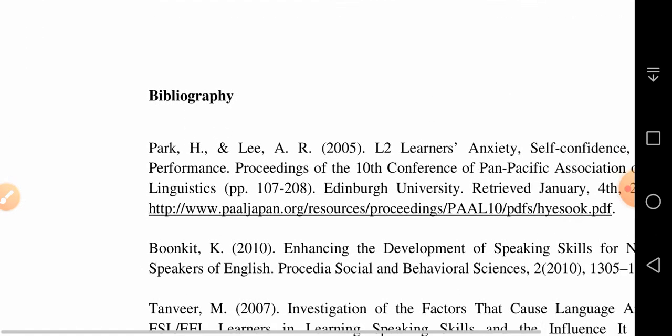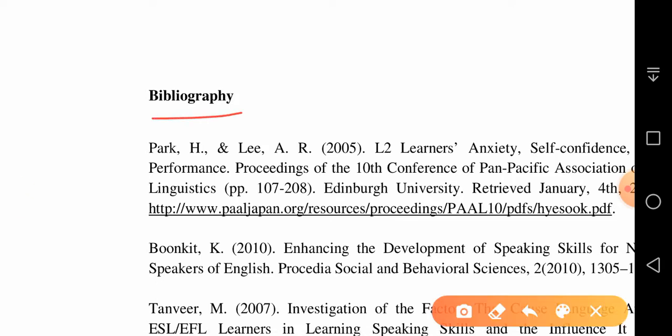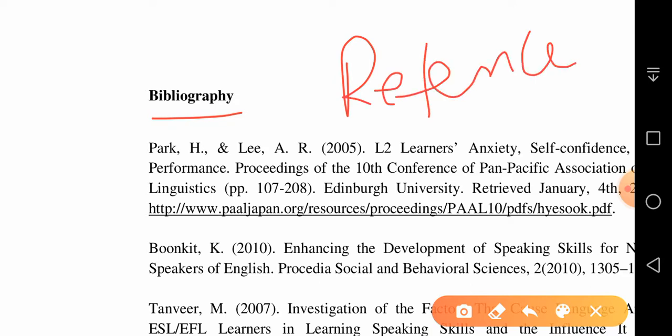At the end, you give a bibliography. There is a difference between bibliography and references. In references, we mention only those studies which we have consulted and read for our project.